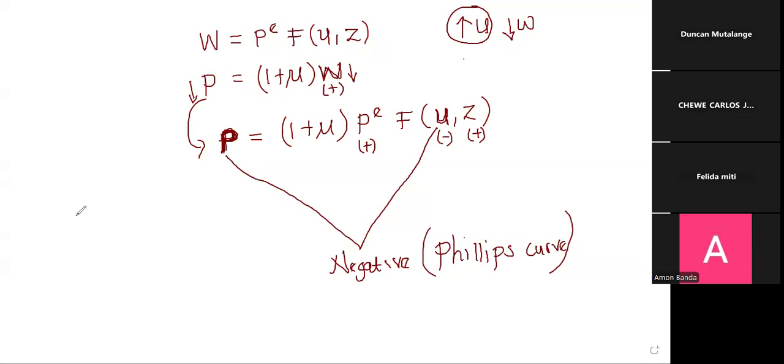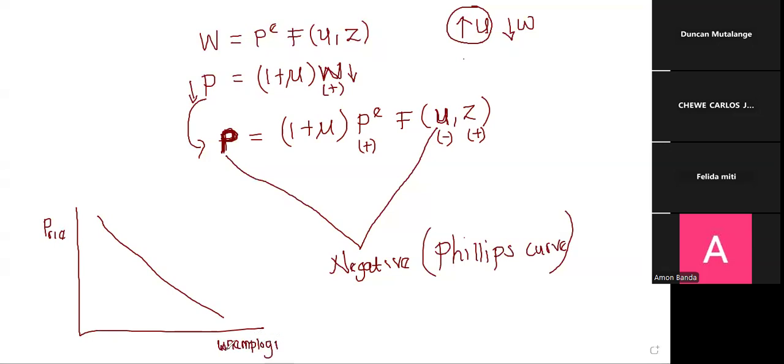When you draw the Phillips curve, it is downward sloping, with price here and unemployment. I've forgotten which one between the two, but this is where the relationships start to come in, and as we go into the other classes, you'll be able to see the relationships between all these variables.